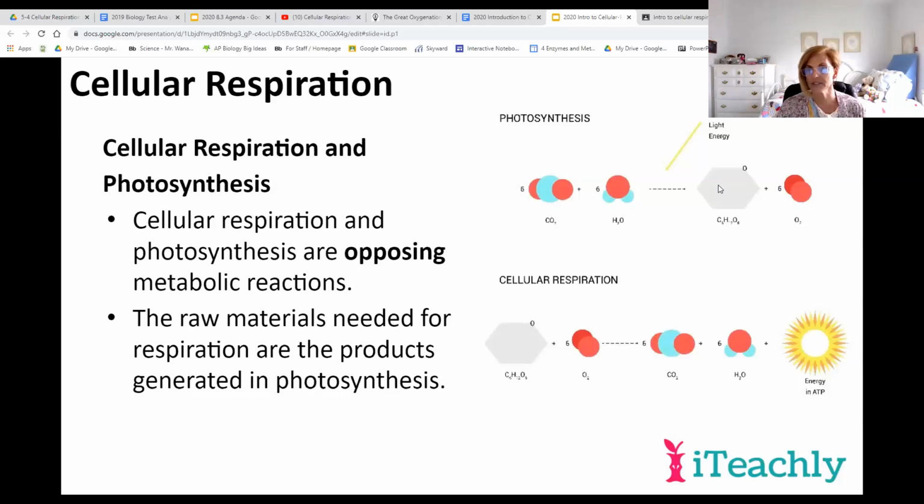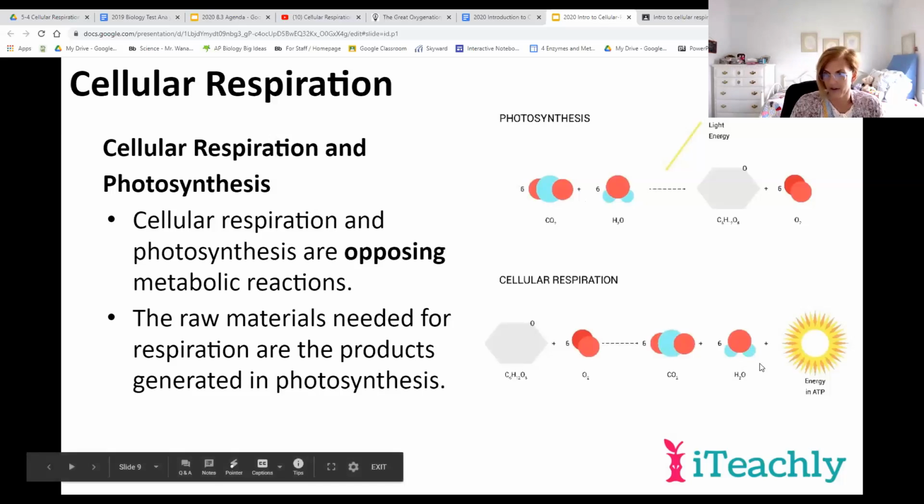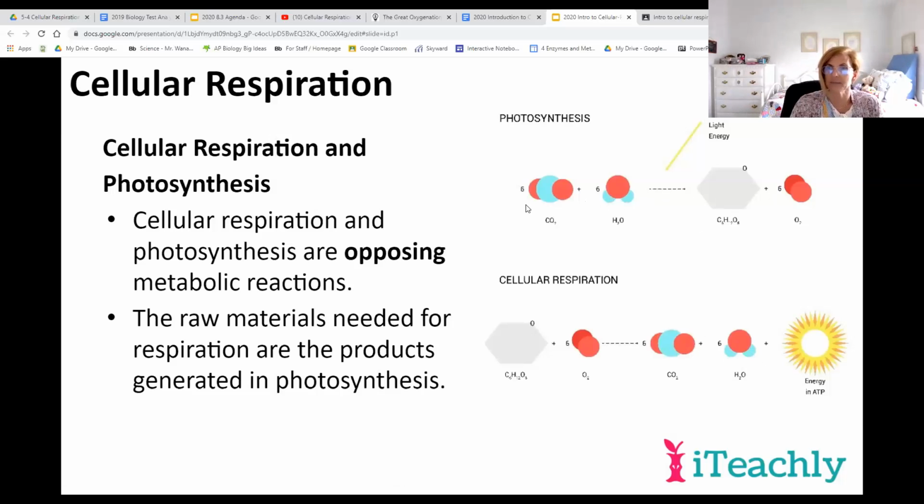Photosynthesis makes glucose. Cellular respiration uses the glucose. So basically, the products of one are the reactants of the other. They're opposing reactions, meaning they're exact opposites. I could take an arrow and turn it one way or the other, and I would either be doing cellular respiration or photosynthesis.